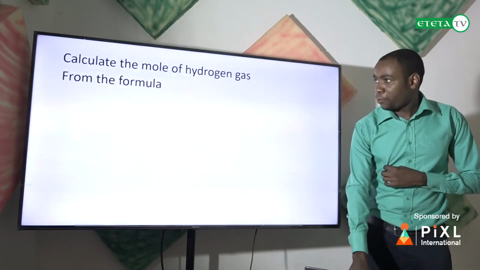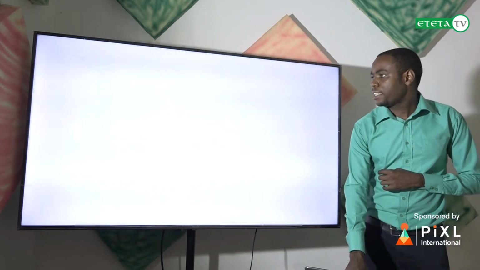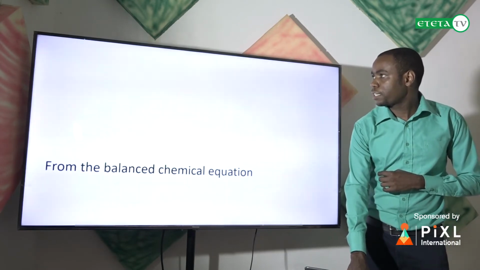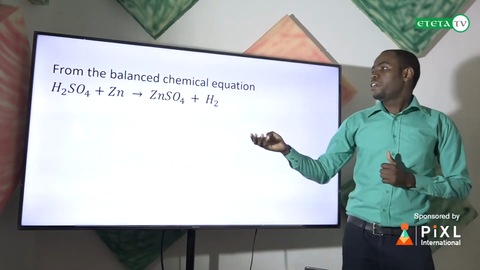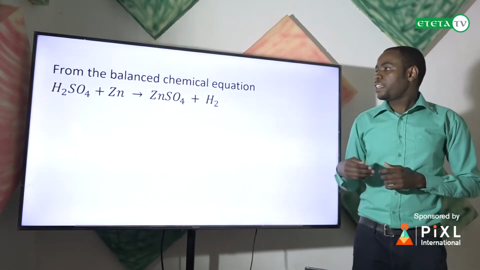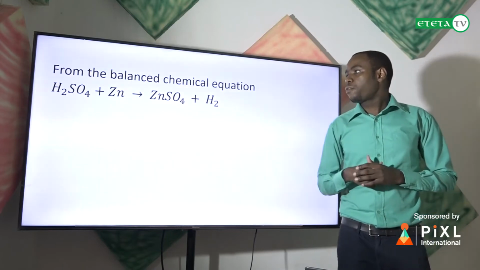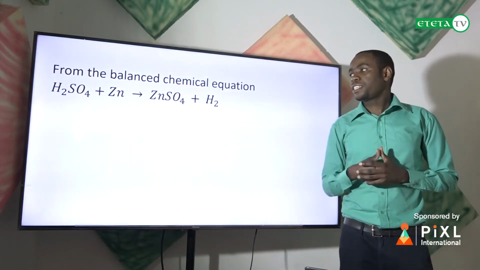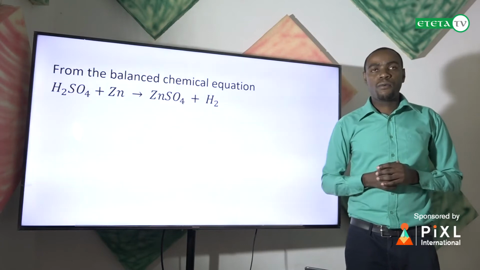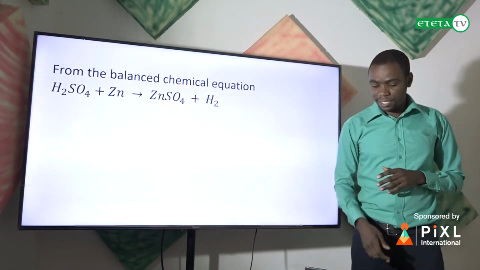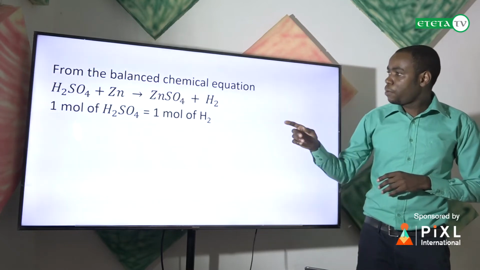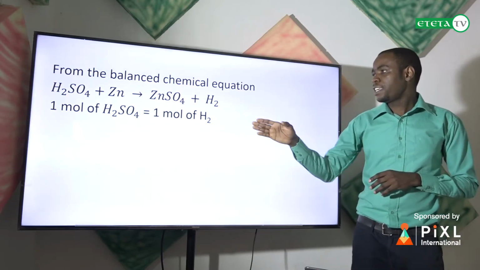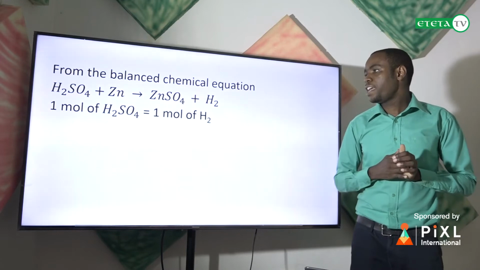After obtaining the number of moles of hydrogen gas, we are going to calculate the amount of acid. Now, from the balanced chemical equation, if you take 1 mole of acid, then you react with 1 mole of zinc, you obtain 1 mole of zinc sulfate and 1 mole of hydrogen gas. Now, from the mole ratio, 1 mole of sulfuric acid is equivalent to 1 mole of hydrogen gas.